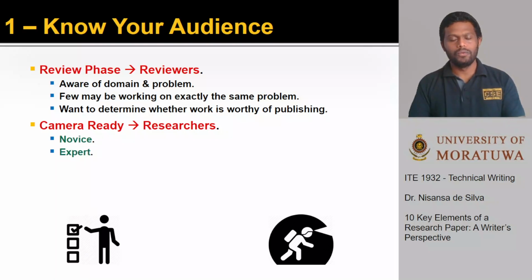There might be people who are just beginning in this particular field, or maybe there are people who are experts in this field who will be reading your paper. Therefore, you need to strike a delicate balance between being too preachy or being too complex.